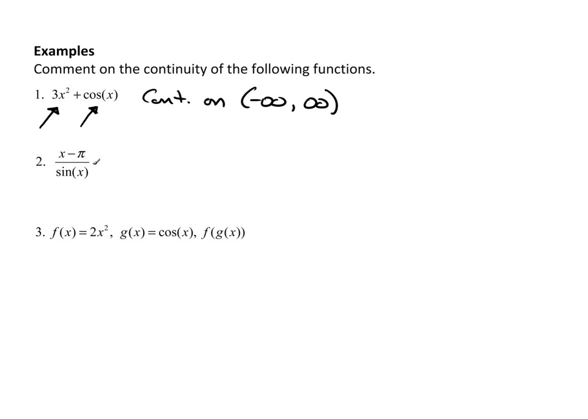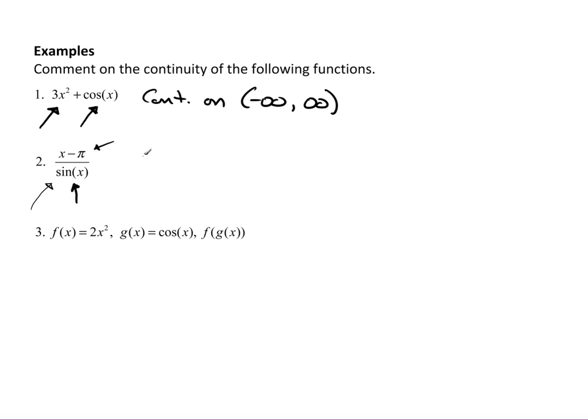Now let's take a look at this one. The numerator here is a rational function, well, not quite by definition because that's not a polynomial, but we tend to treat it that way, as the techniques with a rational function are identical. This is a polynomial, and this is a sine function that's continuous everywhere. So right away I want to say, gosh, it's continuous everywhere, but it's not. It's continuous everywhere that sine x is non-zero.